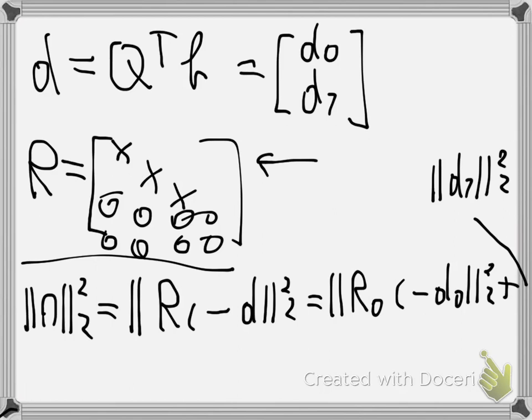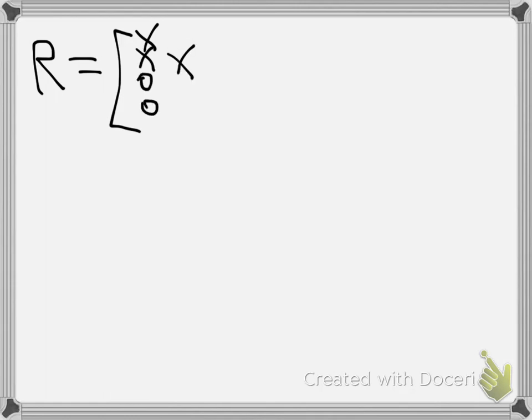And so basically, your vector D will have the same number of rows as your upper triangular matrix R. So let's say you have 4 rows, and the 2 last are zeros.